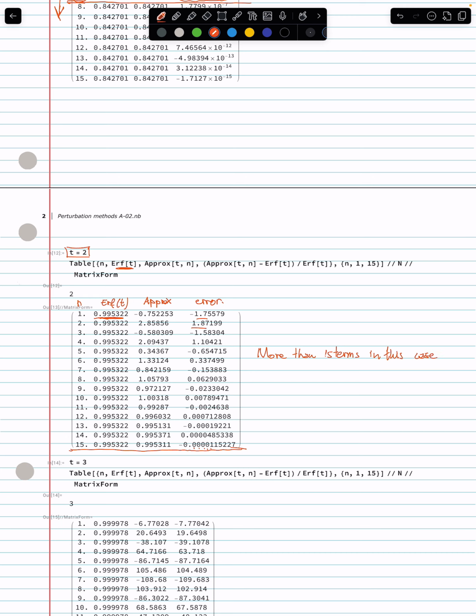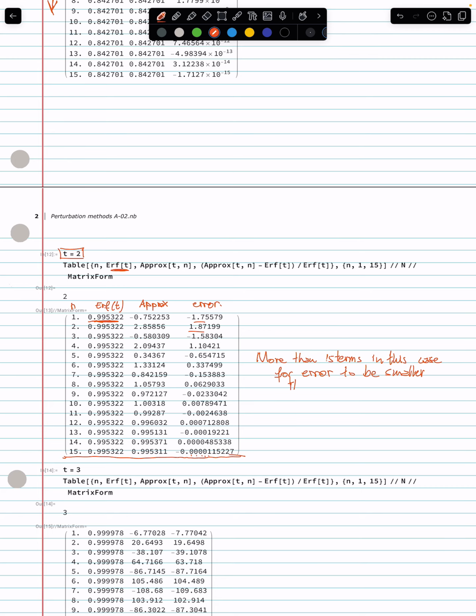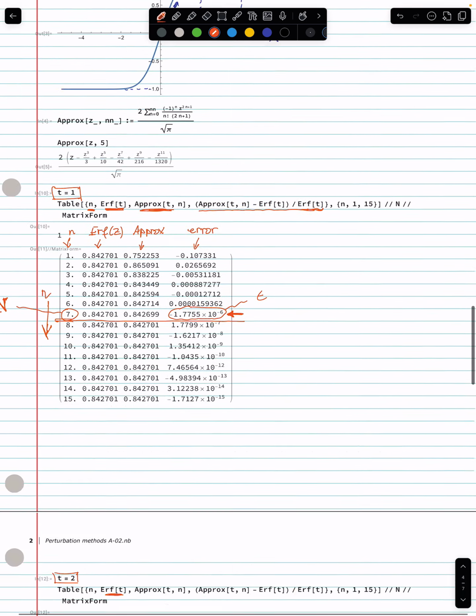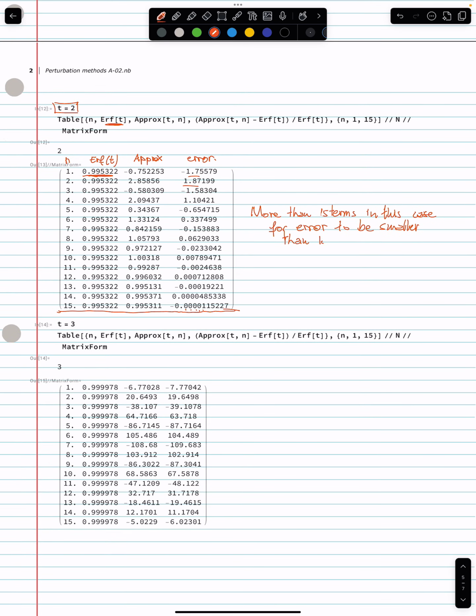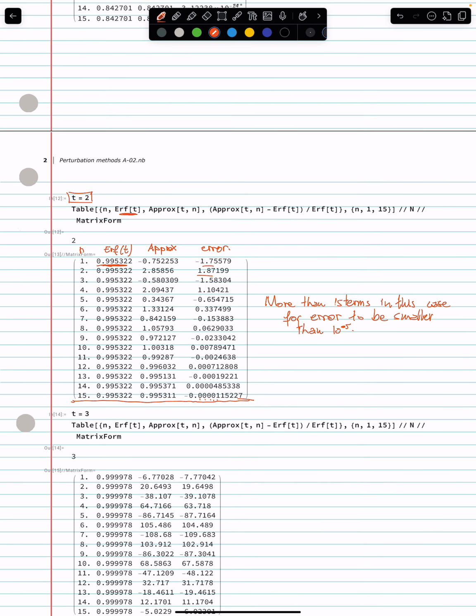All right, it's not a big deal, right? Because computers can solve problems like this. If you need more than 15 terms, this is all right.